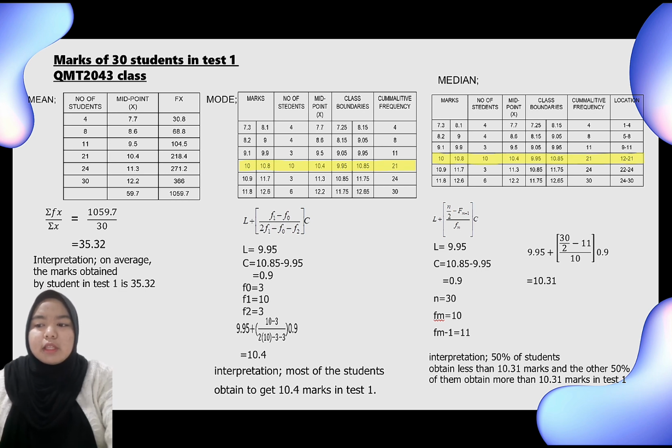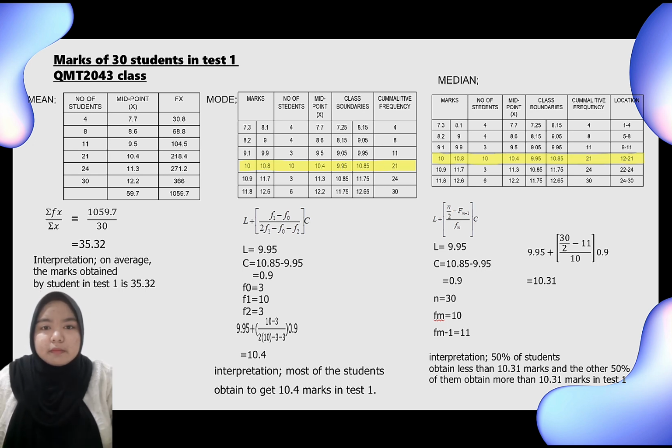The formula for mode is L plus bracket F1 minus F0 per 2 F1 minus F0 minus F2 bracket C. L is the lower class boundary of the modal class, C is the interval of the modal class, and F0 is the frequency of the class before the modal class, F1 is the frequency of the modal class, and F2 is the frequency of the class after the modal class.